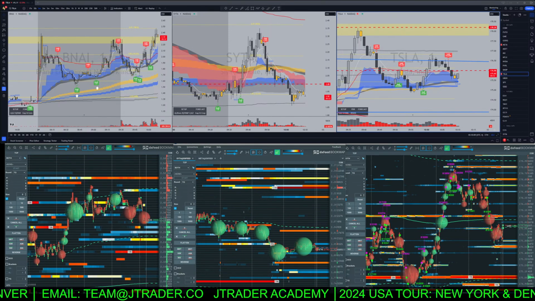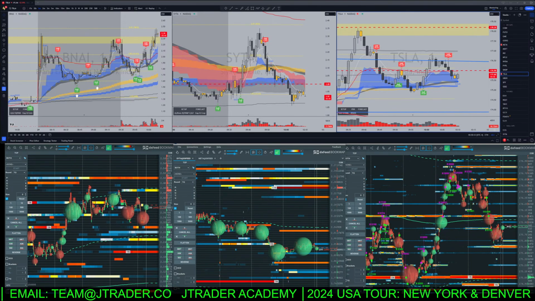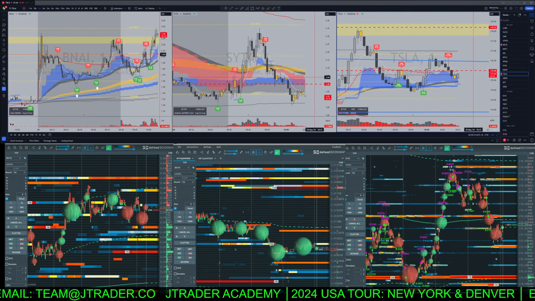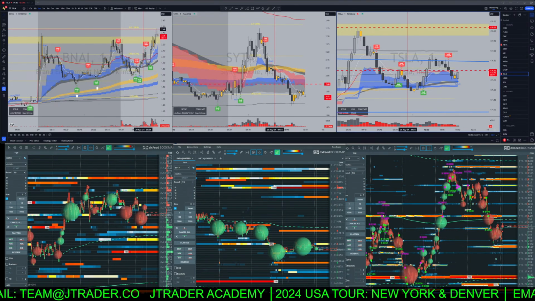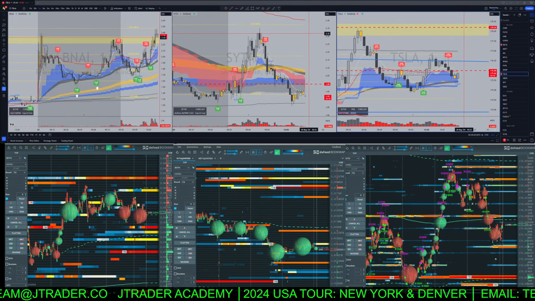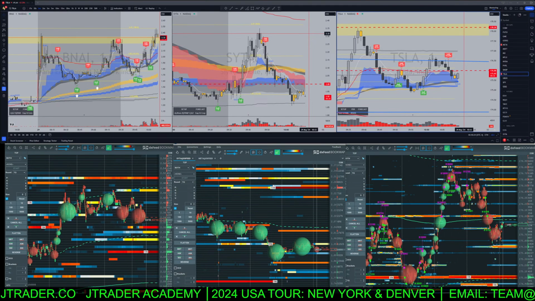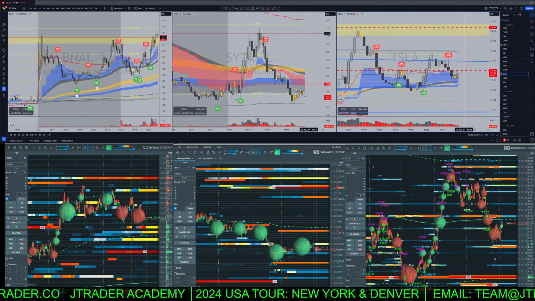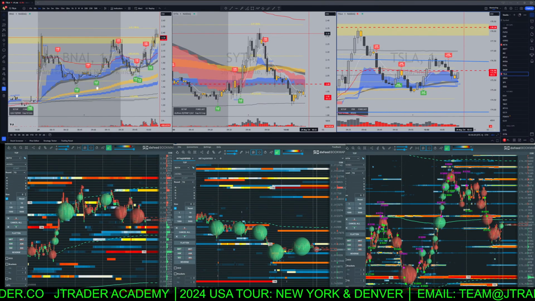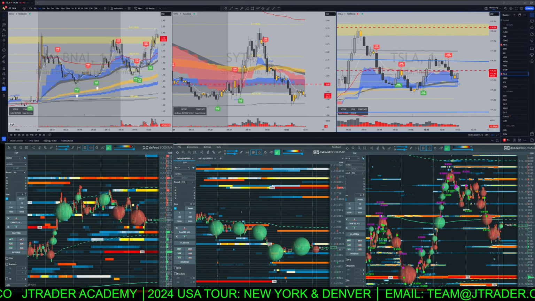So start at a short 235 with a tight risk. Inside bar breakdown.